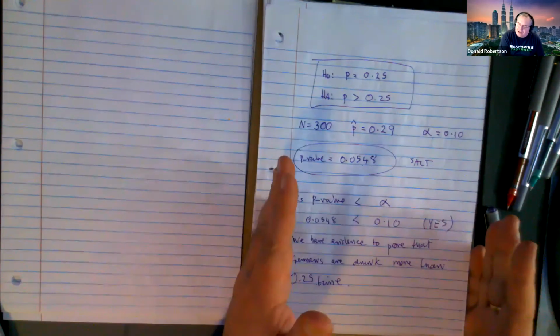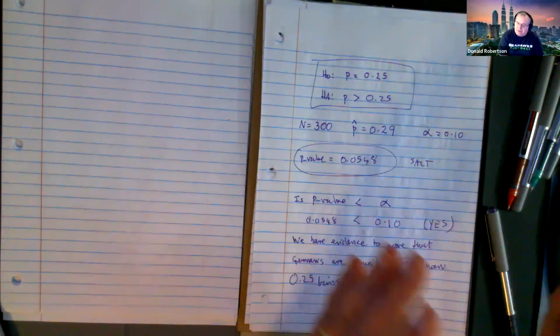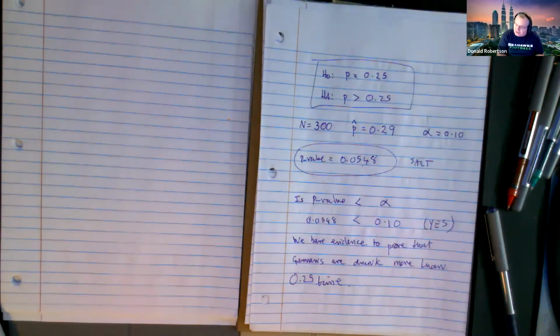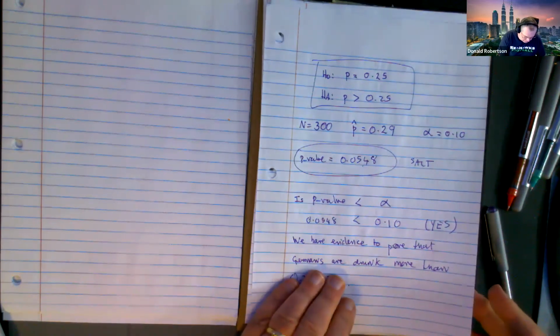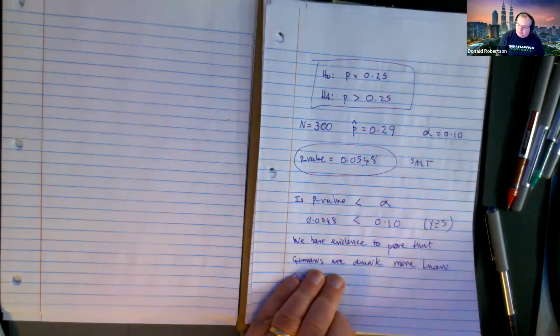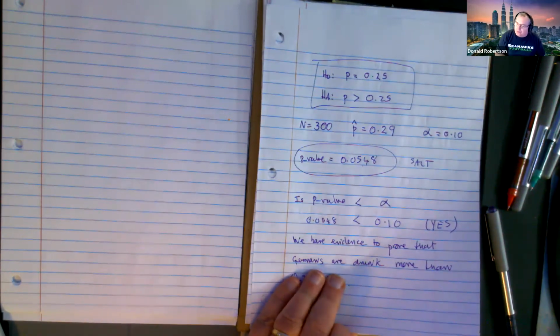And you can use this technique for proving that something has changed, right? Bigger, less, or not equal to. And the context can be anything. It could be drinking beer, new medicine, crime rates, who's going to vote for who in the next election, all that kind of stuff.